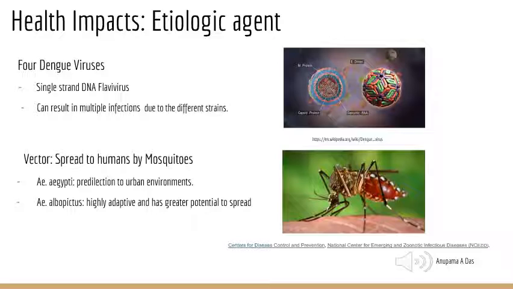The vector that carries this virus to humans is the mosquito, and there are 2 types of mosquitoes which carry the virus. The first is the Aegypti, which has a predilection to urban environments, and the second one is the Albopictus, which has much more adaptive capability and is associated with spread beyond the tropical areas.